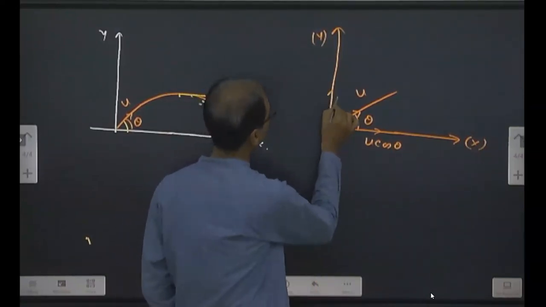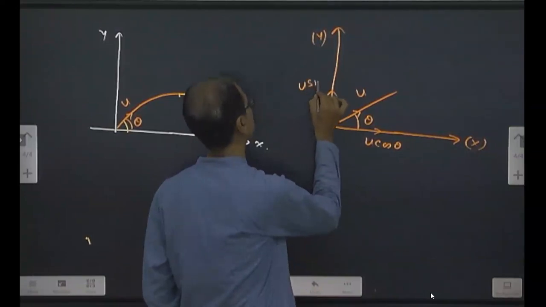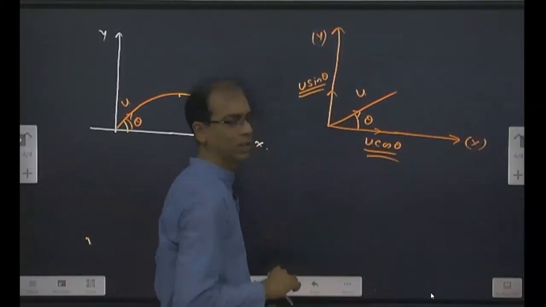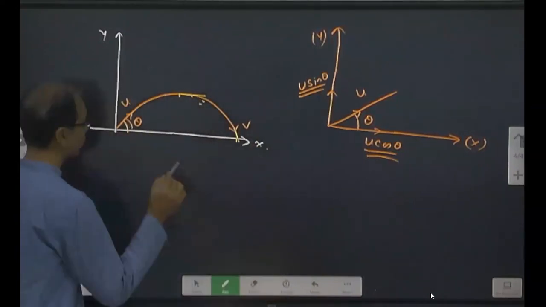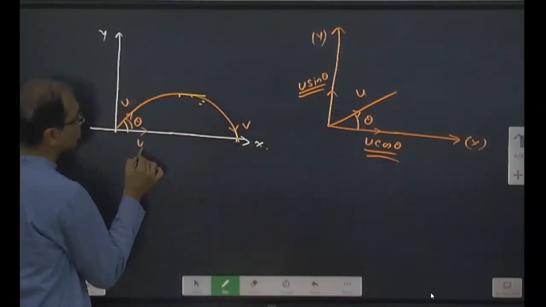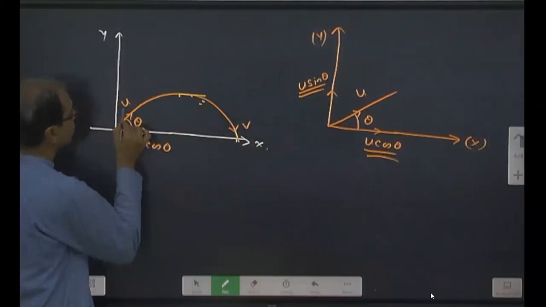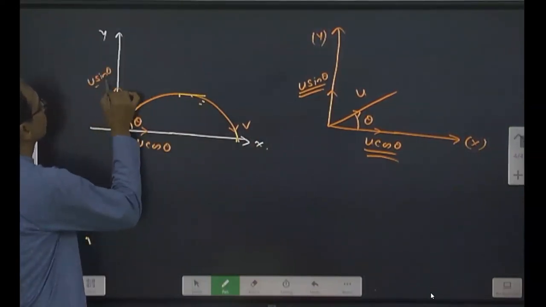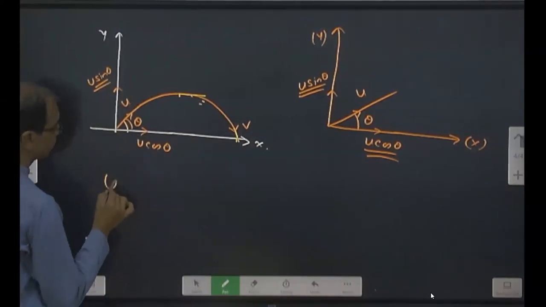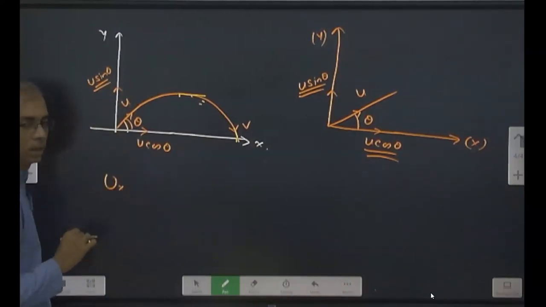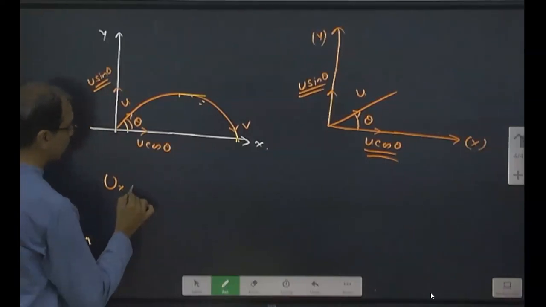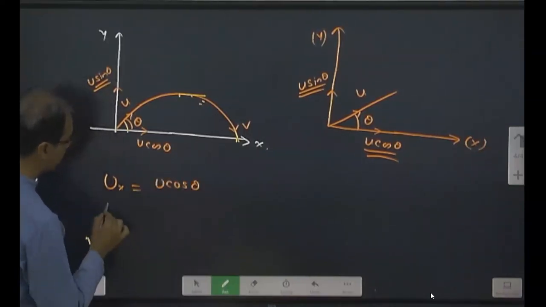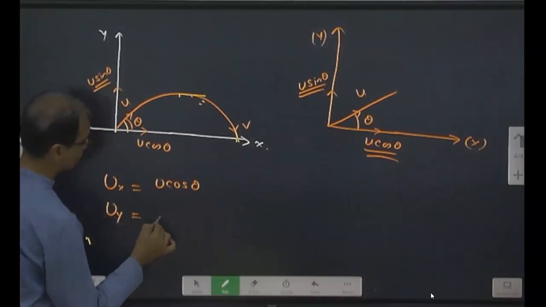And the other one is sine: u sin theta. So horizontal velocity is u cos theta and vertical is u sin theta. Writing here also, ux, that means along the x-axis, velocity is u cos theta, and along the y-axis it is u sin theta.